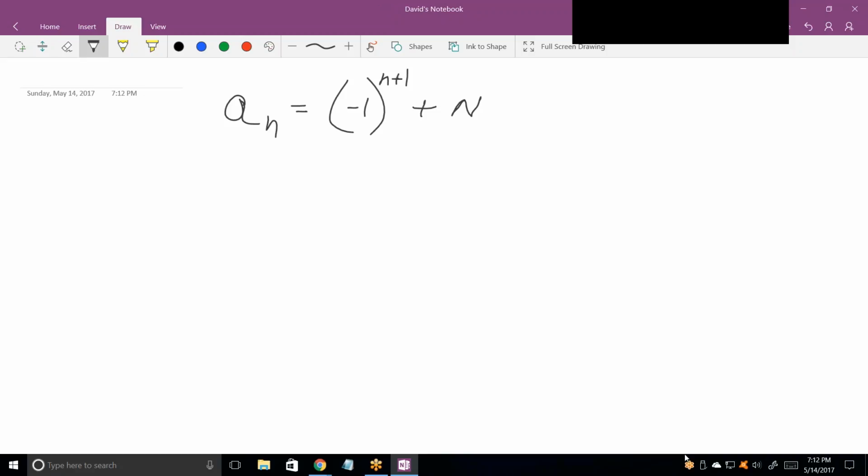And alternating sequences have this characteristic where it's a -1 either to the n or to the n plus 1, depending on whether you want the first term to be the negative or positive. Okay. So what's the first term here? In other words, what's a sub 1? It's going to be 2. Yeah. So we'll write that. What's a sub 2? Is going to be 1.